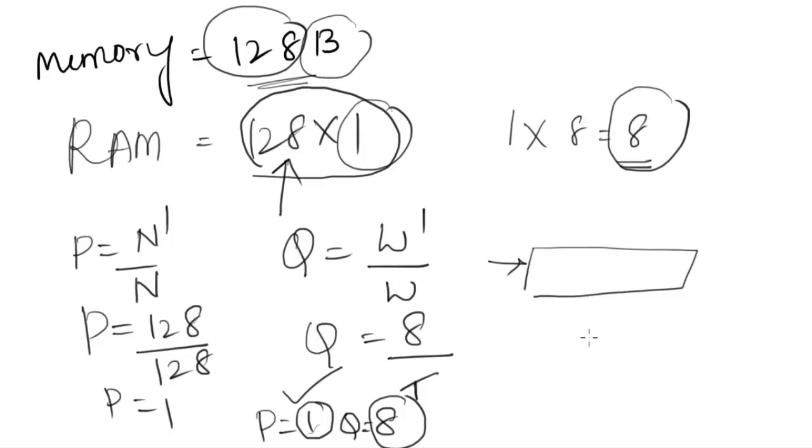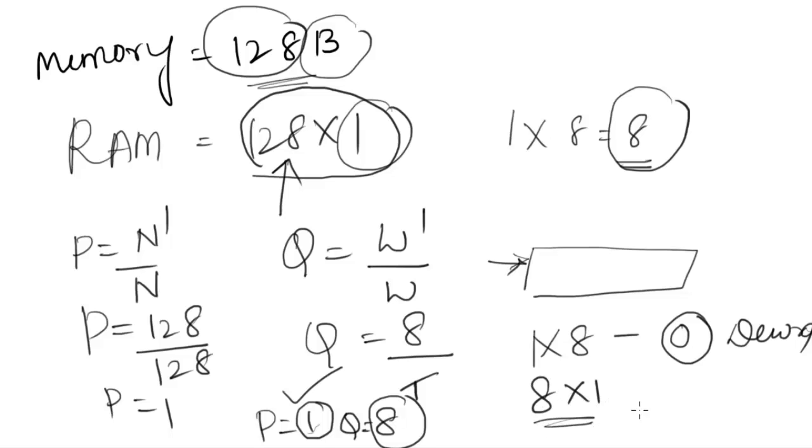So how many decoders are needed? 0 decoders are needed, because at a single time all 8 memories can be accessed. Suppose if you are having 8 into 1 memories, how many decoders are required? Since there are 8 rows to be accessed, a 3 into 8 decoder. Means if I have 3 input lines, I can access 8 memories.